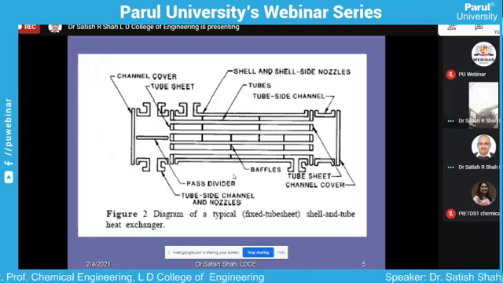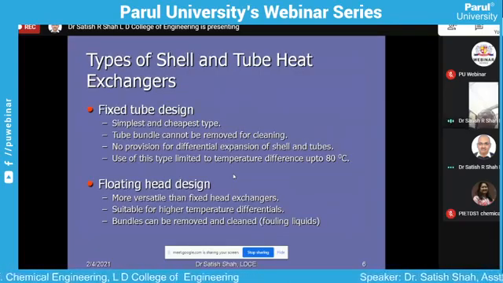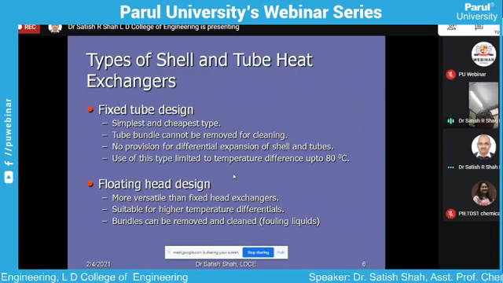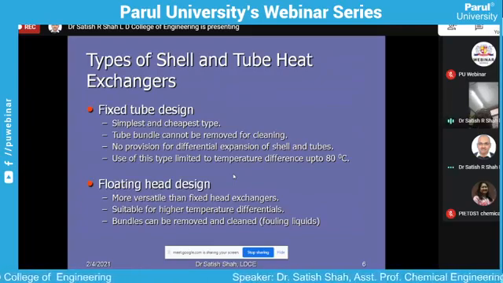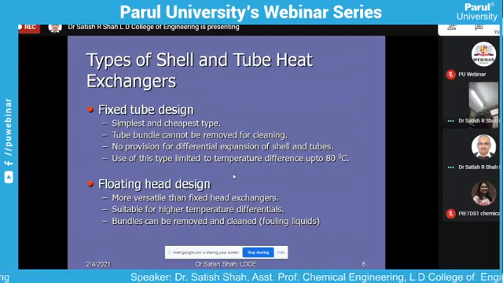Now see, we have the two types of basic shell and tube heat exchanger, that is fixed tube design and floating head. You can even remove the total head, or you can just move it also, and accordingly you can adjust the variation. Suppose I have a liquid which is vaporizing, it is possible that the volume will increase, and to take care of that I can use the floating head type of design.